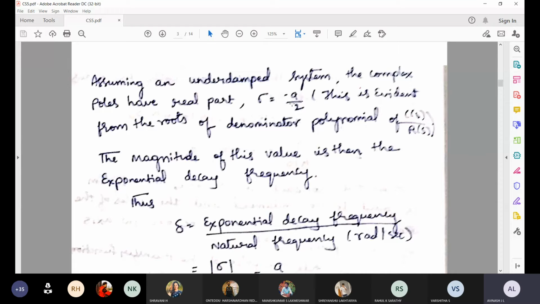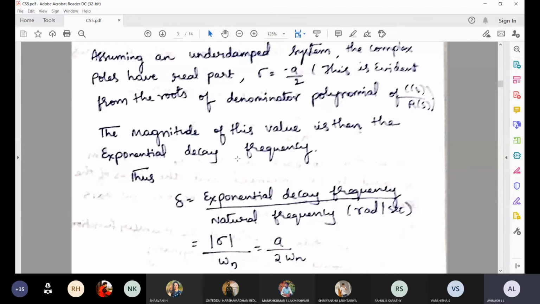Why is it minus? Left-hand side means, when you take the axis, left is negative and right is positive. That is why you get the negative sign. So a by 2 is evident from the roots of the denominator polynomial. The magnitude of this value is then the exponential decay frequency delta.